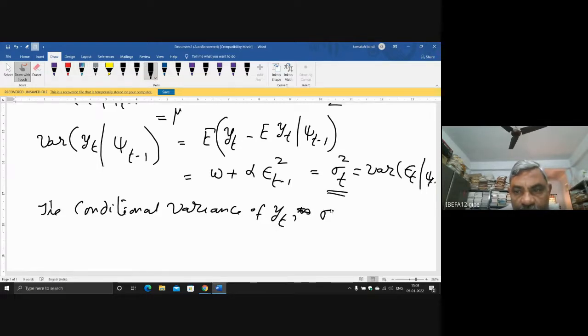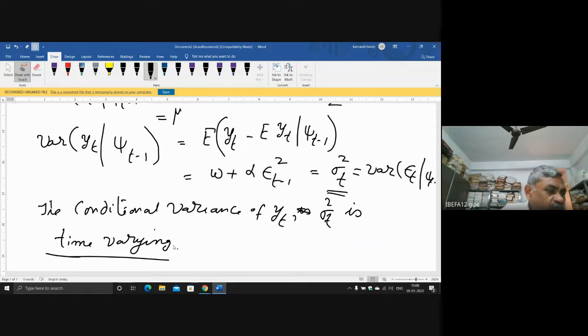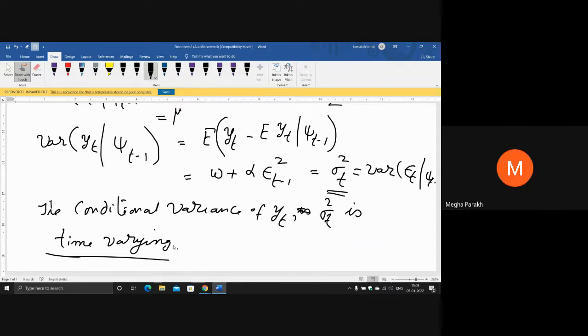That is, sigma square t is time varying. This is more important actually; all of you are very silent. Is this clear? Yes, sir.